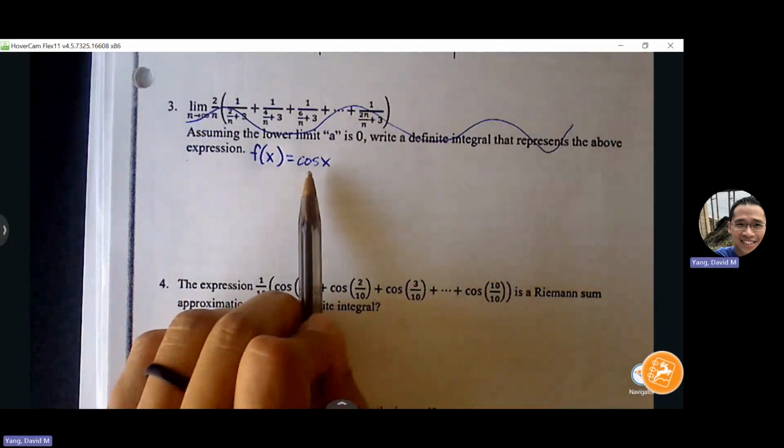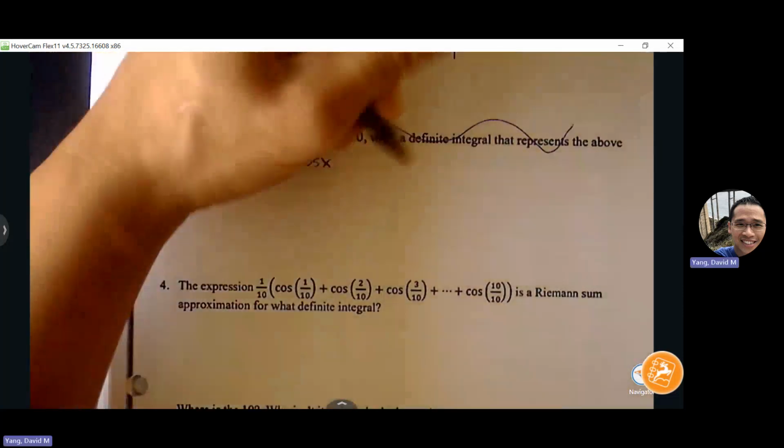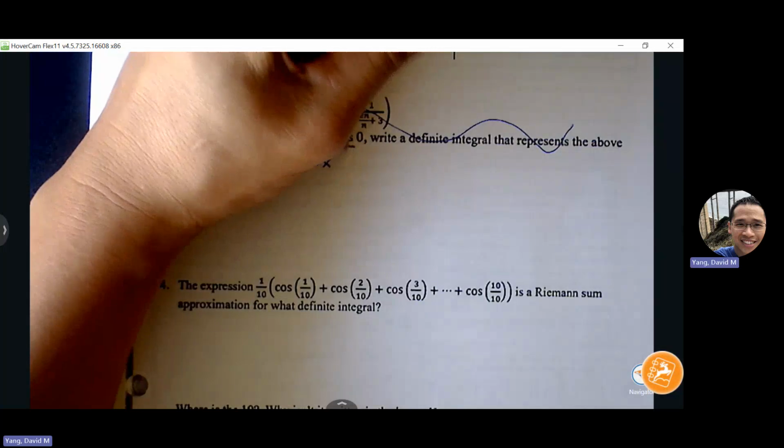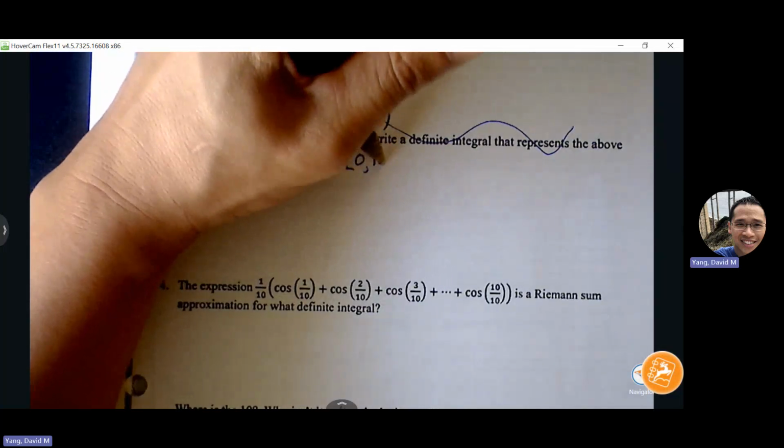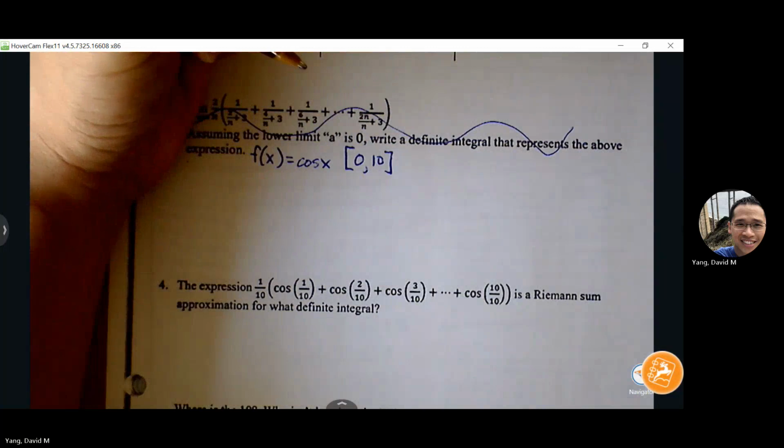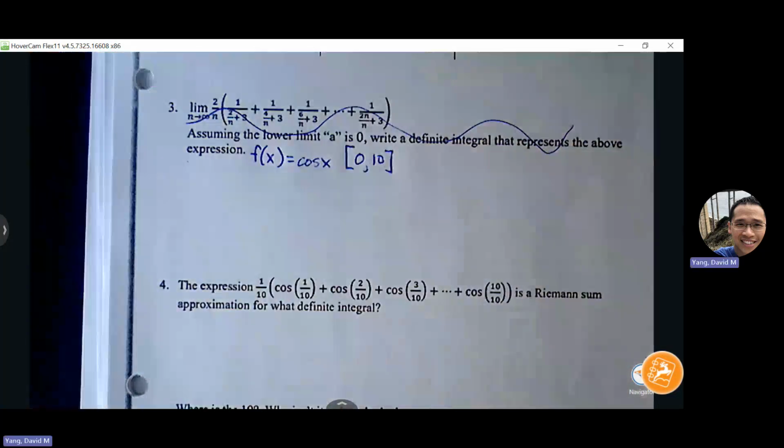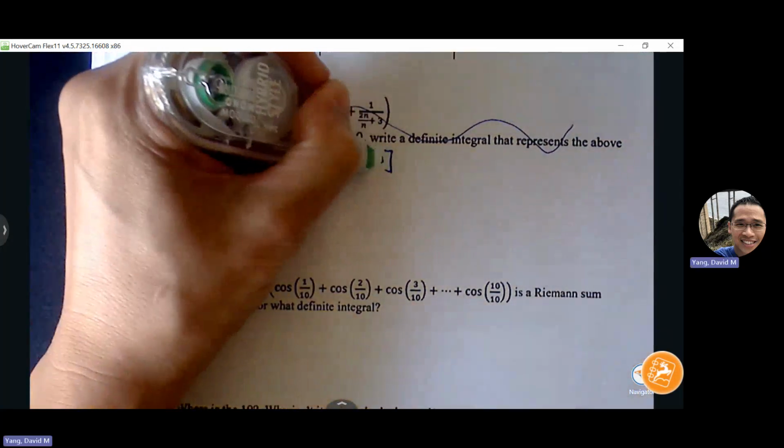Let's say I gave you a function y equals cosine of x, and I told you that I wanted you to, sorry, I want to just go from 0 to 1.